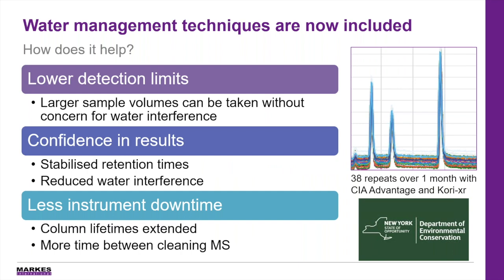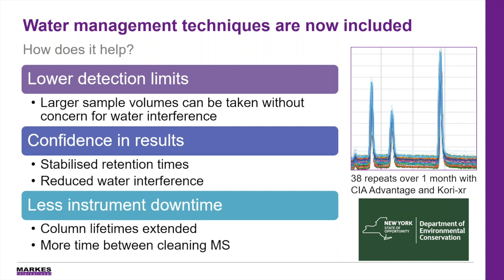But why have they included water management now, and what does it actually do to help us? Water management can help in a number of different ways. The first way is it can really help us to lower the detection limits. So in the previous slides, we saw that taking larger sample sizes may be something that labs have to consider now.